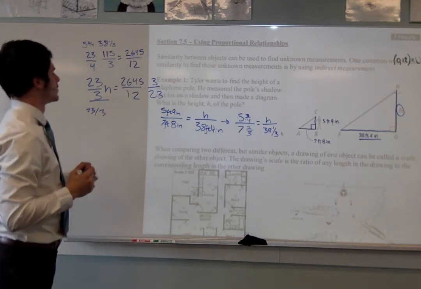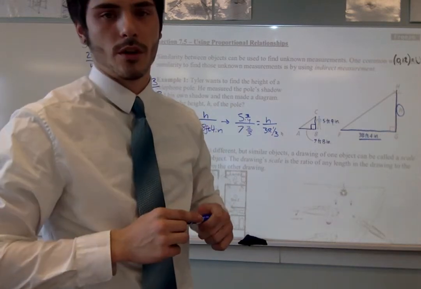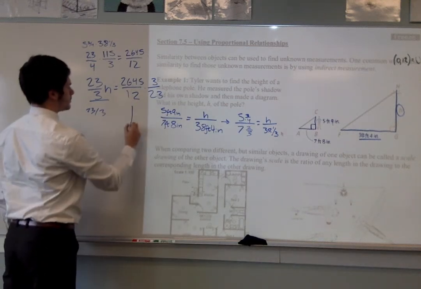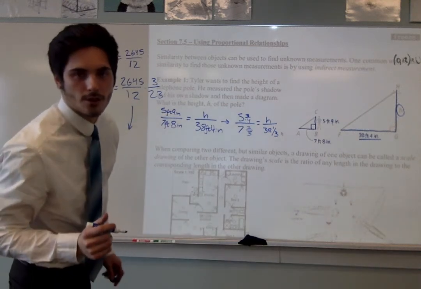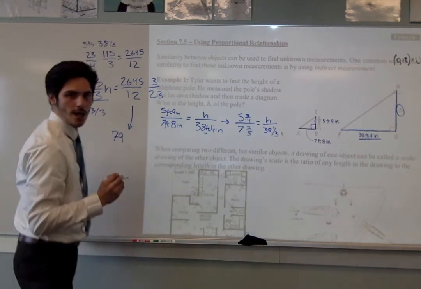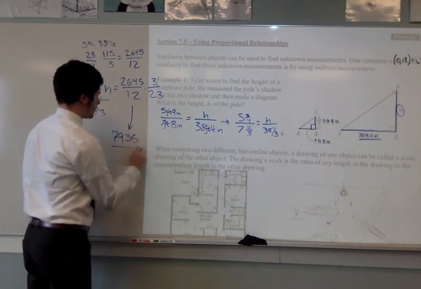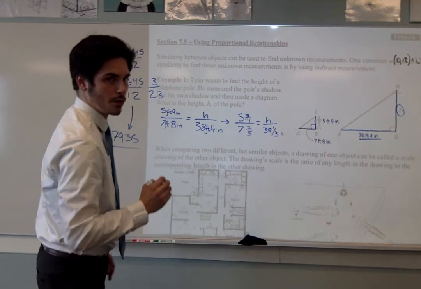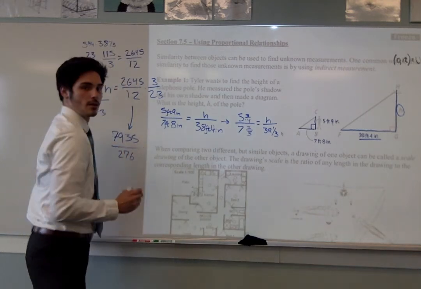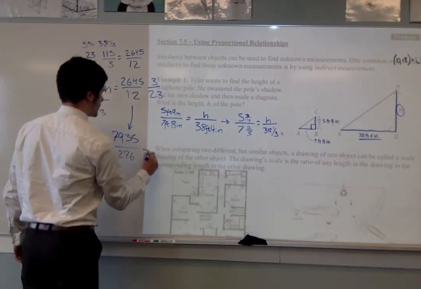And to do this, again, just multiply across, and hopefully y'all are using your calculator, but we end up with 7,935 over 276, and that can be simplified down to 28 feet and 9 inches.